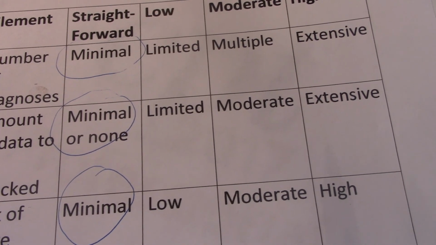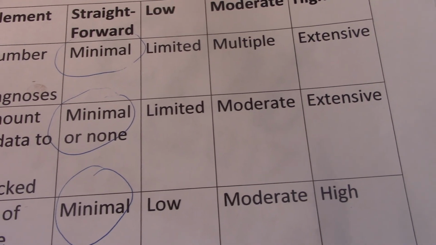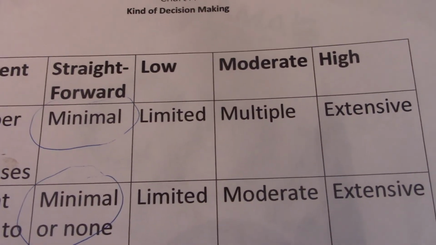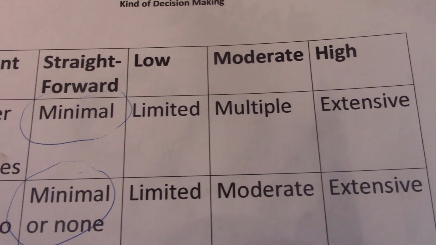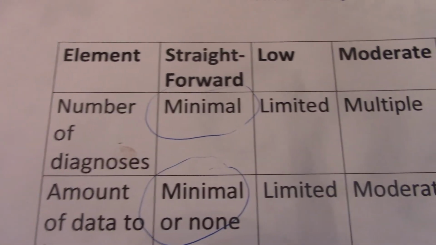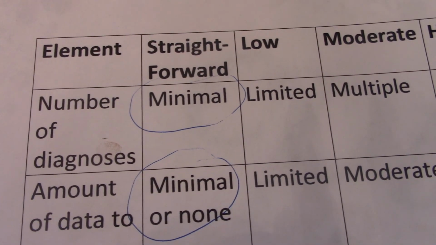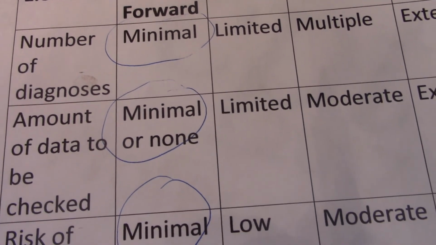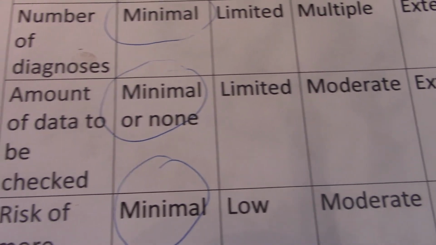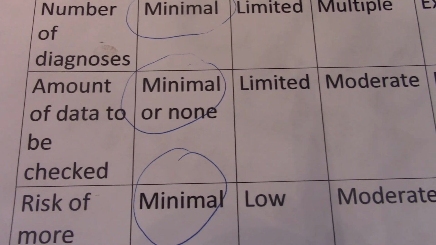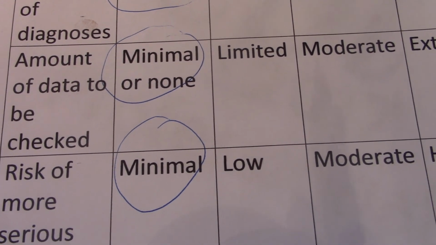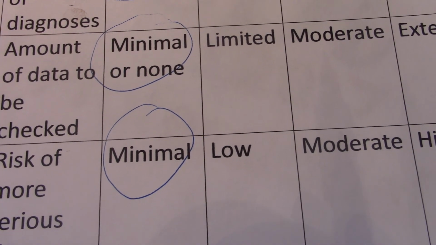So go on the chart, you'd mark each of these items by matching up as closely as possible. One diagnosis with the word that most closely resembles, minimal. So you see I circled minimal. Number of diagnoses, minimal. Likewise, small amount of data to be checked, word that most closely resembles it, minimal. And the low risk of morbidity and mortality could both be closely resembled, minimal.